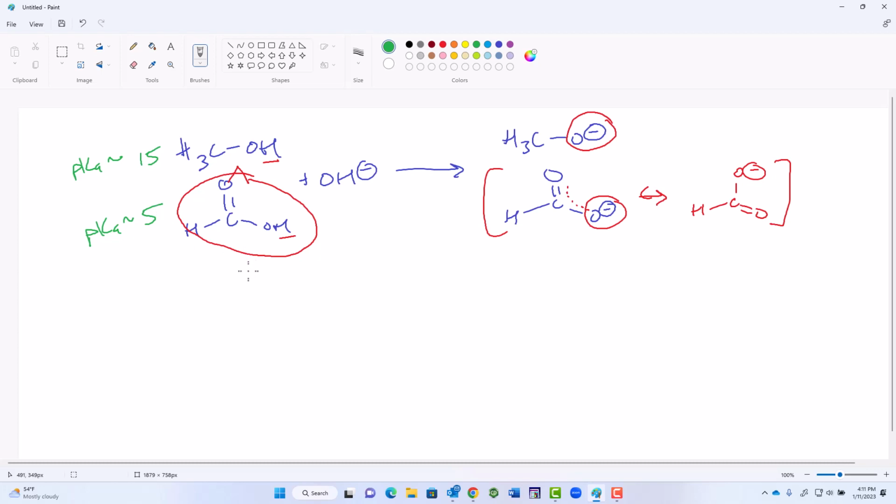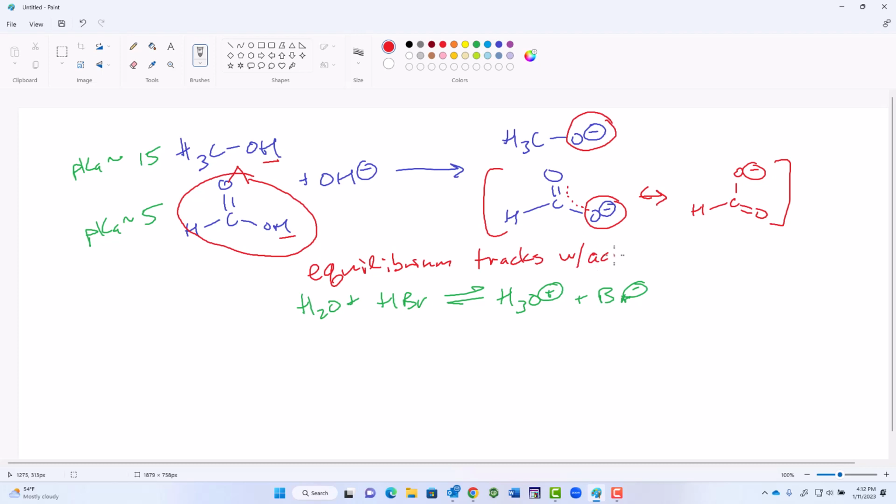So using these rules, we can predict equilibrium using the relative strength of acids. For instance, say we had H2O plus HBr goes to H3O plus and Br minus. The question asks which direction the equilibrium favors, the left or the right, the reactants or the products. We first identify what we know: equilibrium tracks with the stronger acid, meaning the stronger acid will always be on the reactant side.